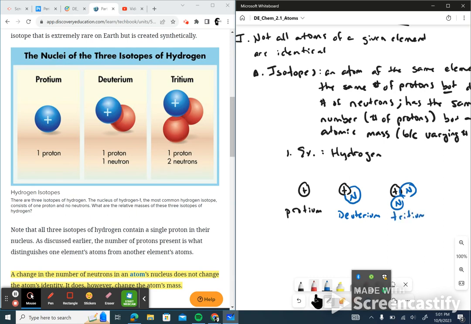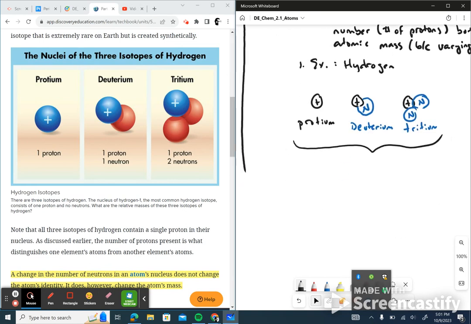Okay, so in this example here, all have the same number of protons, but different numbers of neutrons.